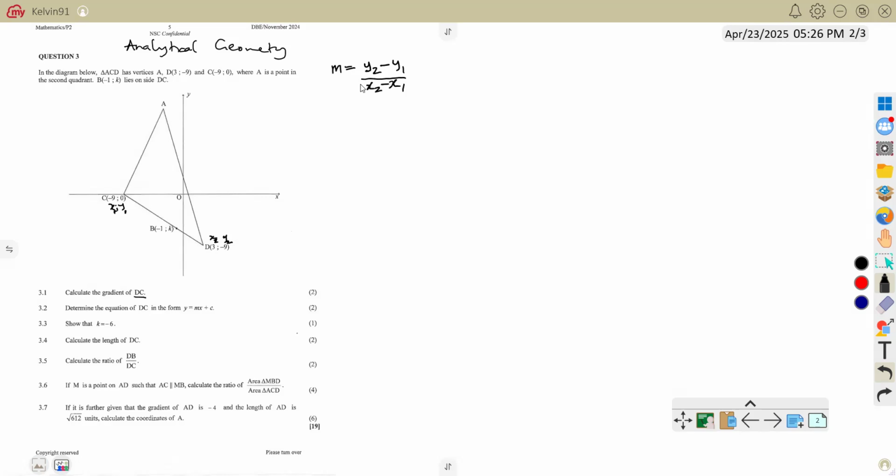Then substitute. So it means the gradient of DC will be equal to our y2, in this case it's -9, minus our y1, in this case 0, divided by our x2, in this case 3, minus our x1, in this case it's -9.